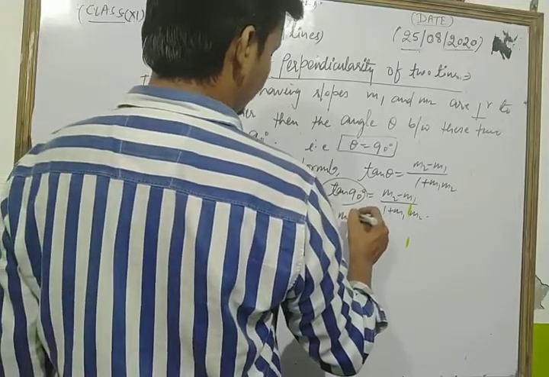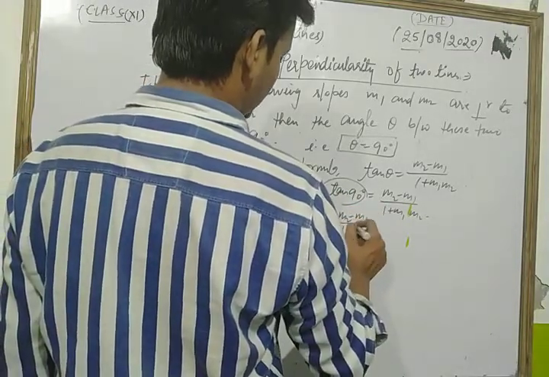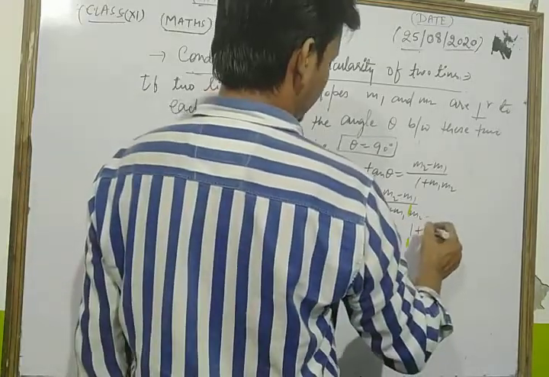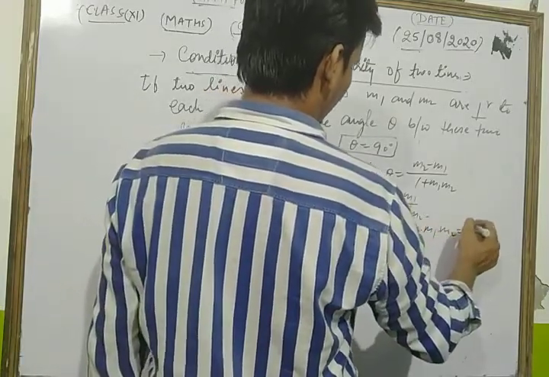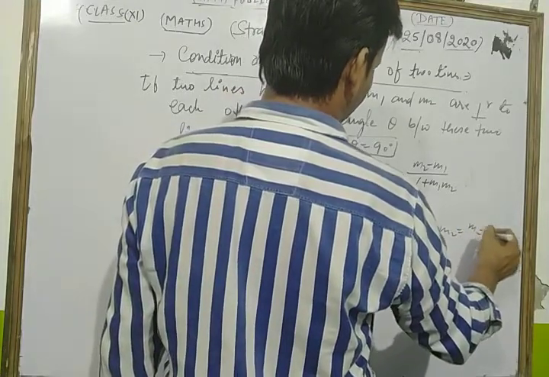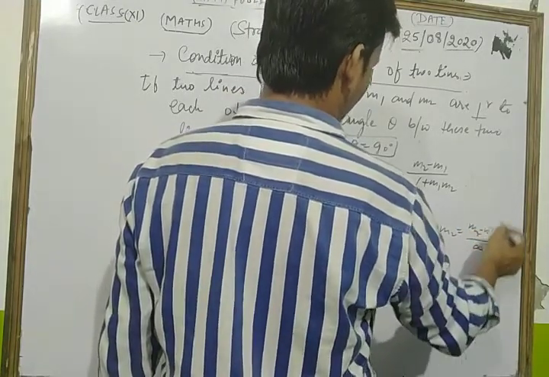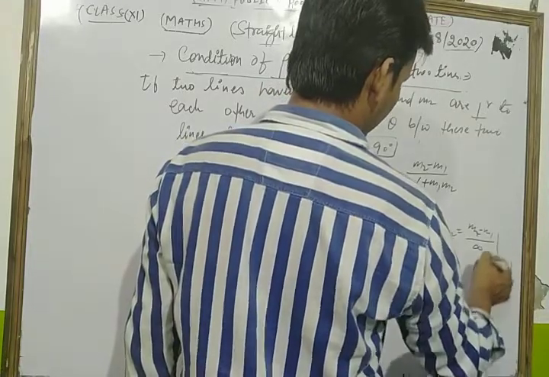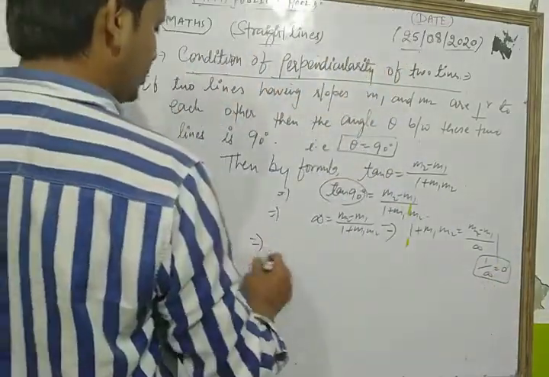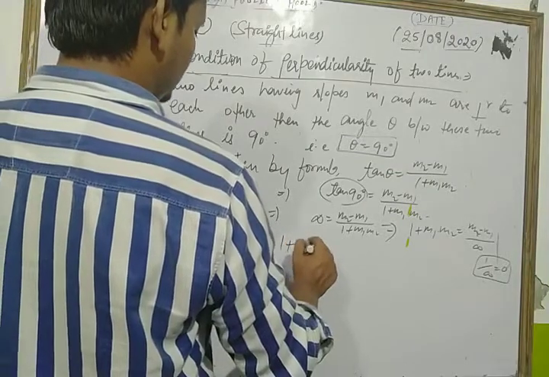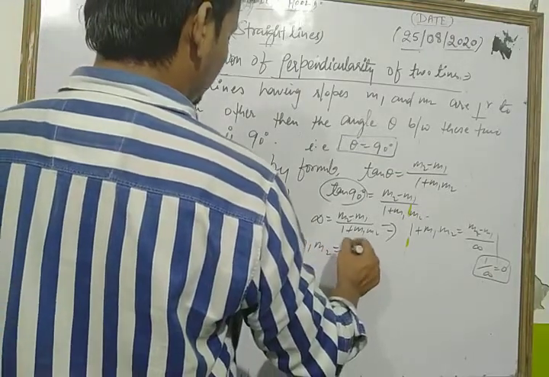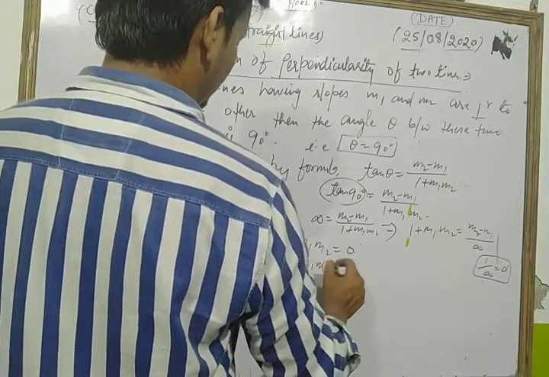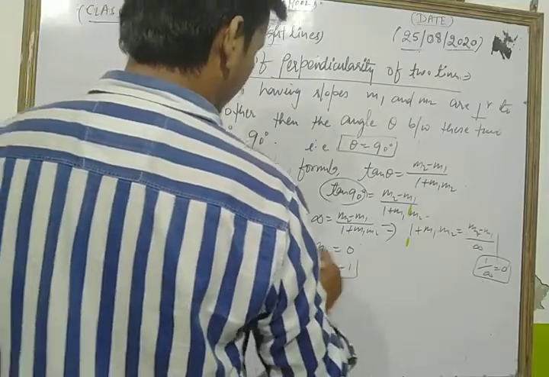We write 1 plus m1 into m2 is equal to m2 minus m1 upon infinite. You know that very well, the value of 1 upon infinite is 0. So we have 1 plus m1 into m2 is equal to 0. Then we get m1 into m2 is equal to minus 1.